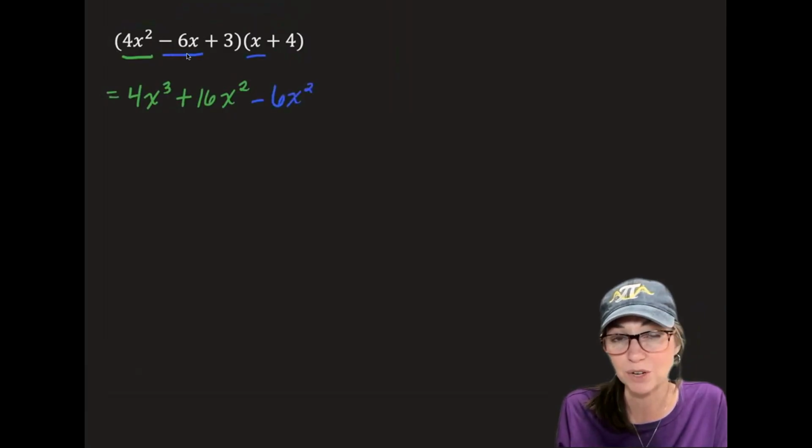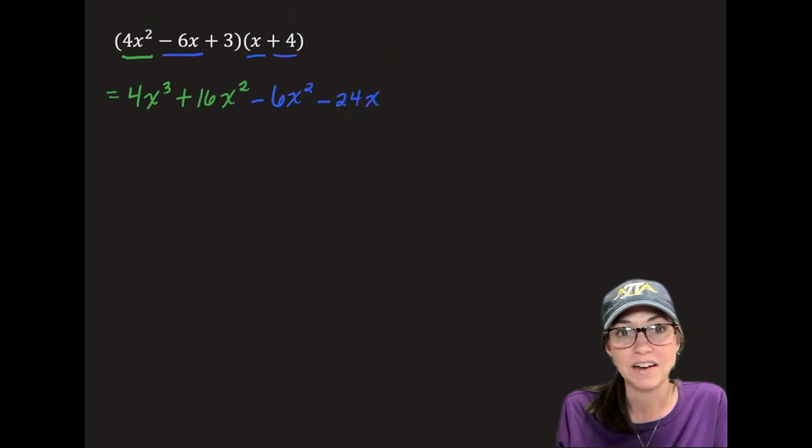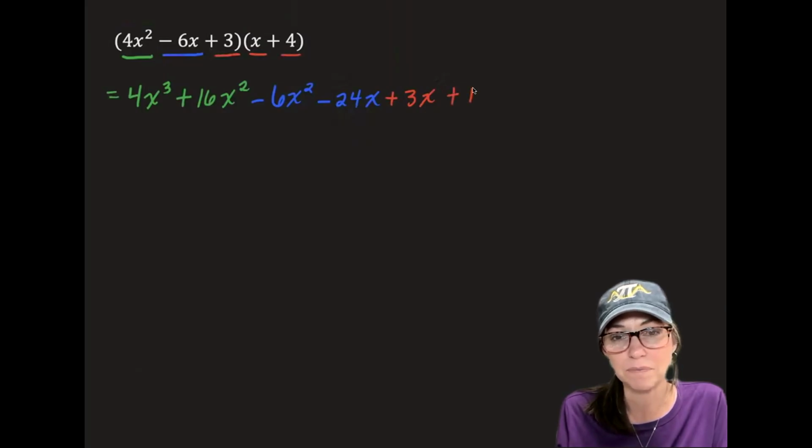See, I'm multiplying this middle term times everything over here in the second factor. And then negative 6x times 4 makes negative 24x. And then we're going to go on to the next term, 3. 3 times the x is positive 3x. And 3 times 4 is positive 12. So we end up with a full 6 terms when we first expand that out.